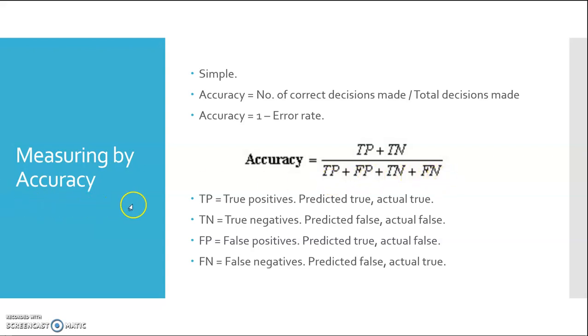So what are all these TP, TN, FP, FN? TP stands for true positive, which means that we predict it to be true and it is actually true. So our decision was correct.